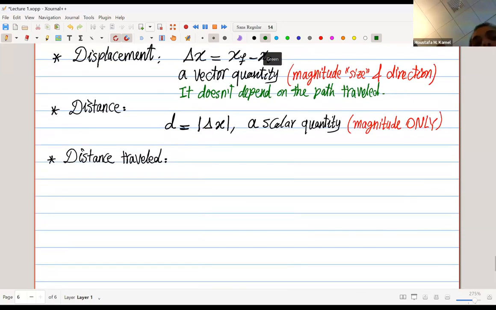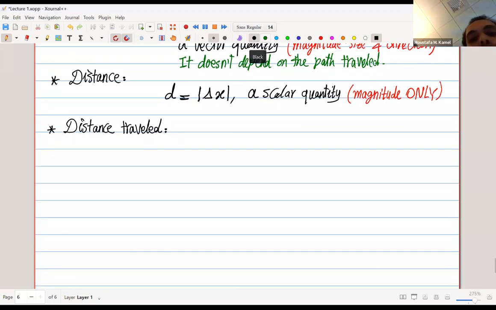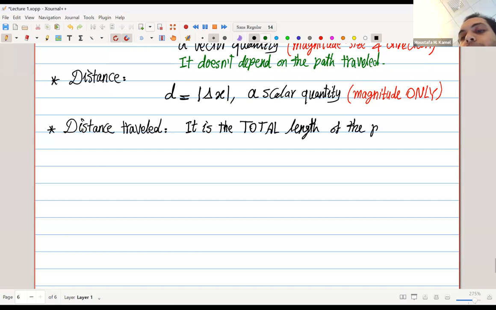The distance traveled is the whole distance taken along the path. So it depends on the path you took. Let me take a look at the definition I wrote down here. It is the total length of the path taken between two positions.